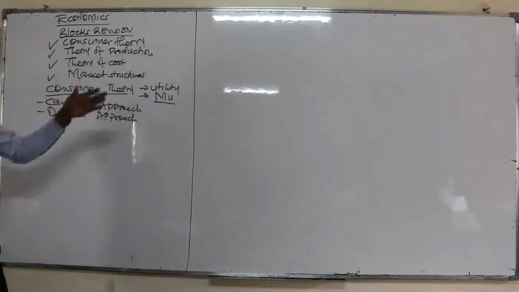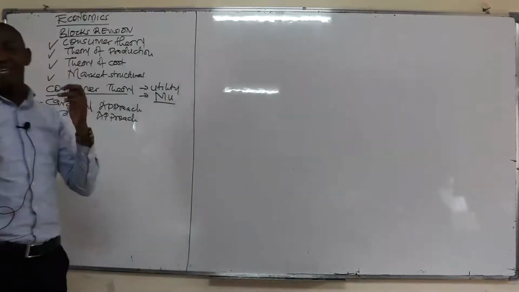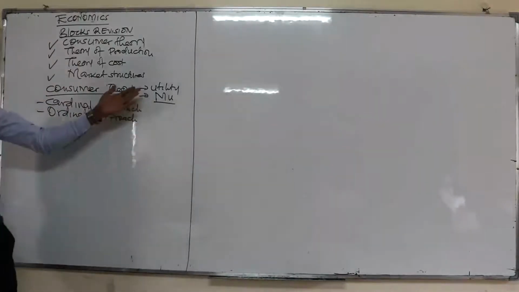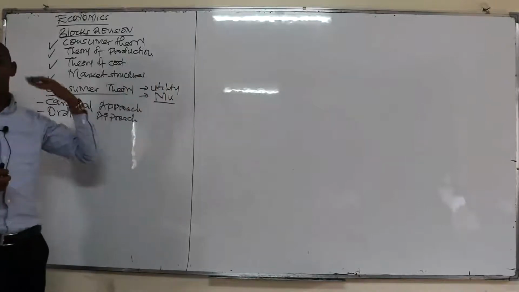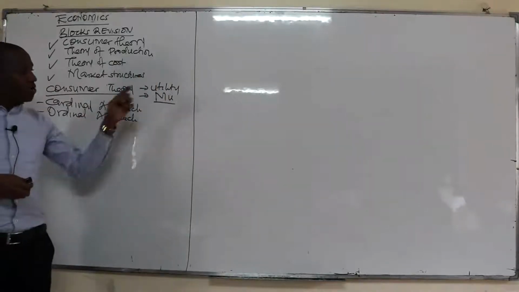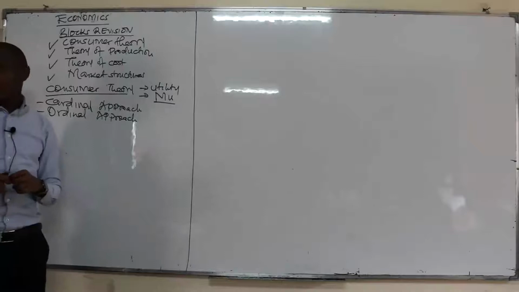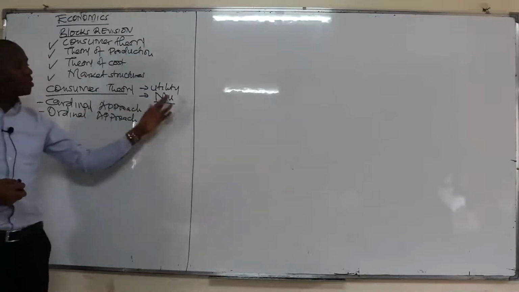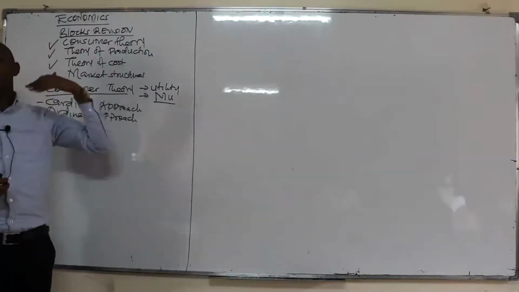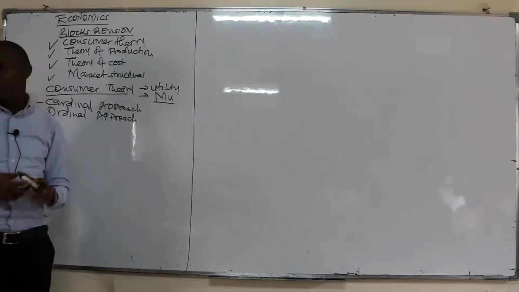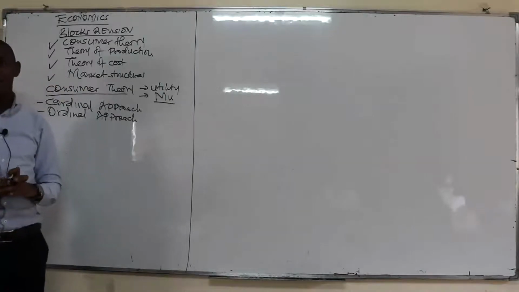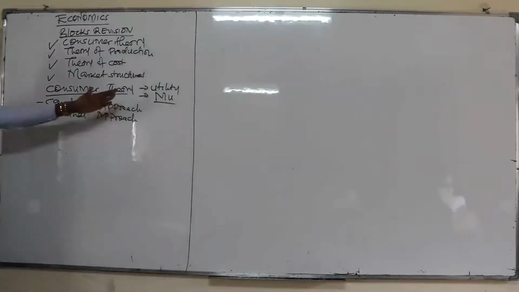Utility is the satisfaction derived from the consumption of a particular good. Marginal utility is the extra satisfaction from the consumption of an extra unit of a commodity.